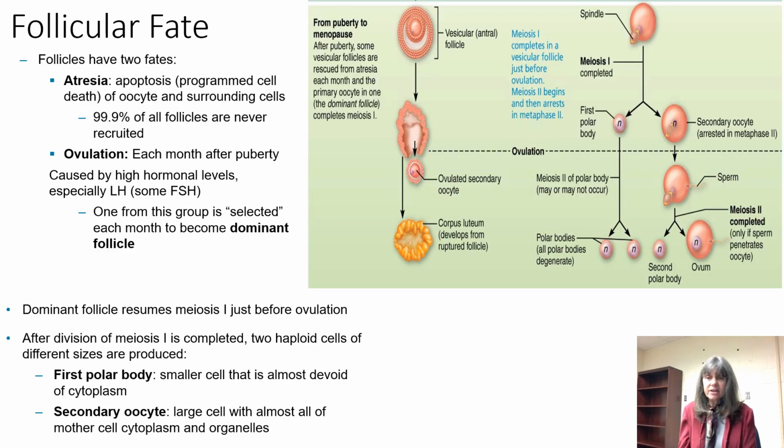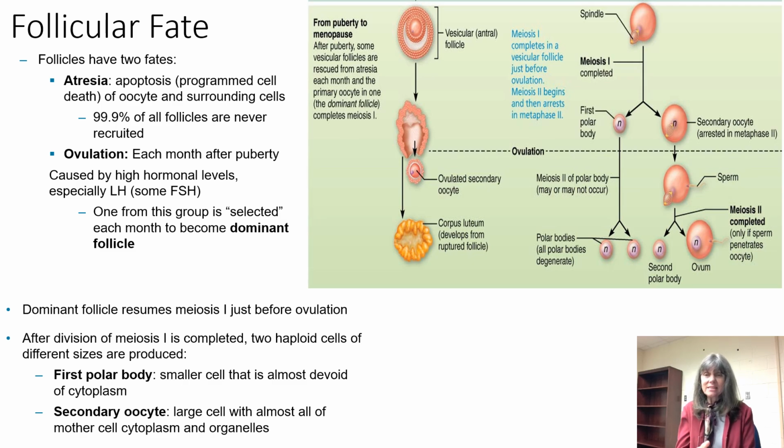The secondary oocyte that has completed meiosis 1 is now arrested in metaphase 2. And you'll notice there's also a little spindle attached to it. And that spindle has the DNA inside of it.